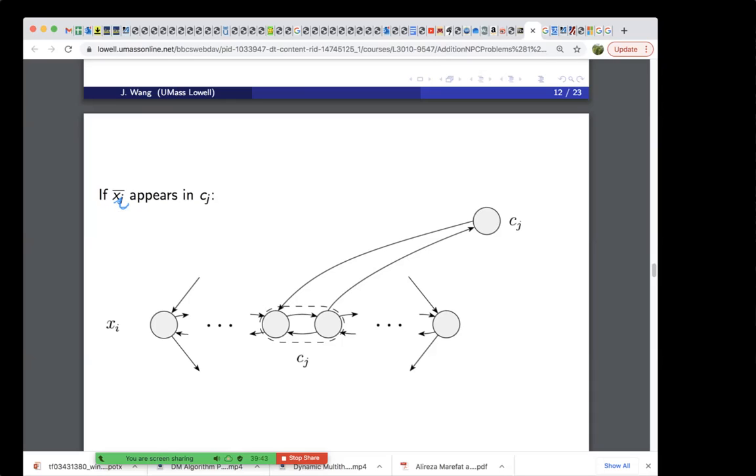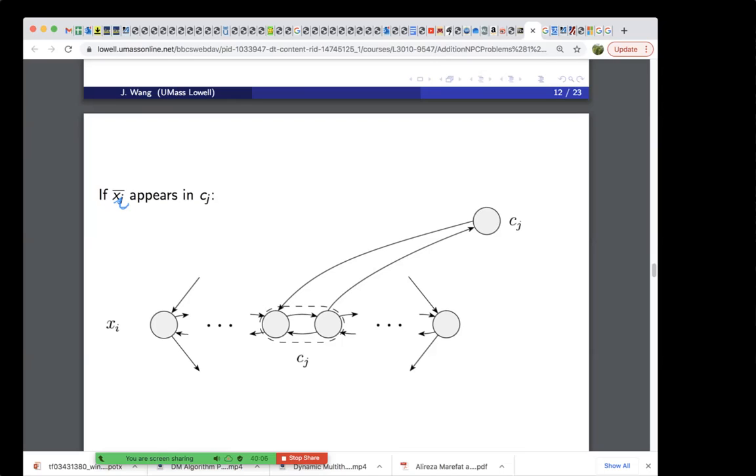So then Cj will go to the left node of the Cj pair, and then the right node going to Cj. So that's how we distinguish whether this is the original form of the variable in Cj or its complement in Cj. So that is the connection.